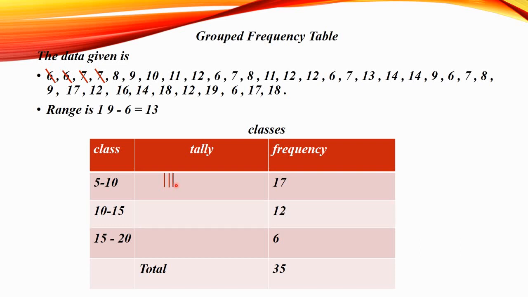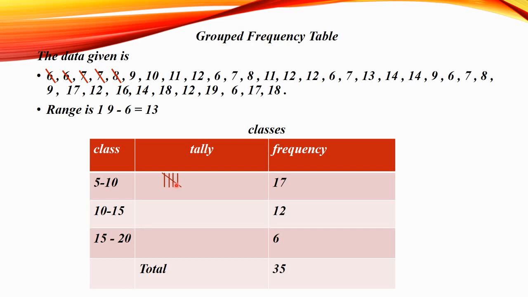Here 7 again will come in the first row. Now here we already have 4 standing lines. The fifth one will be 8, which is coming in the first row, or first class. It will be slanting, cutting all the 4, that is, one set is over.